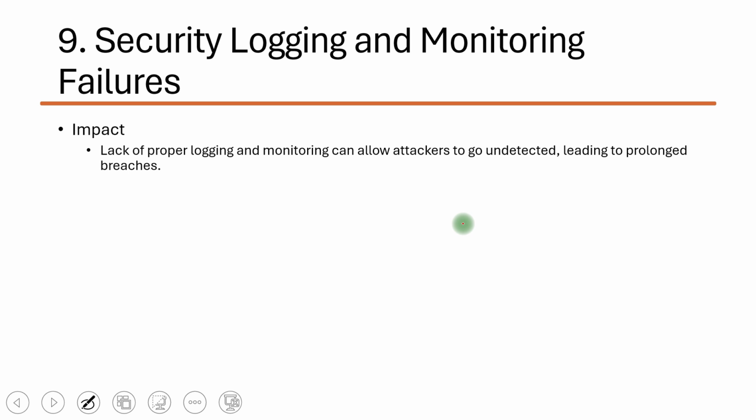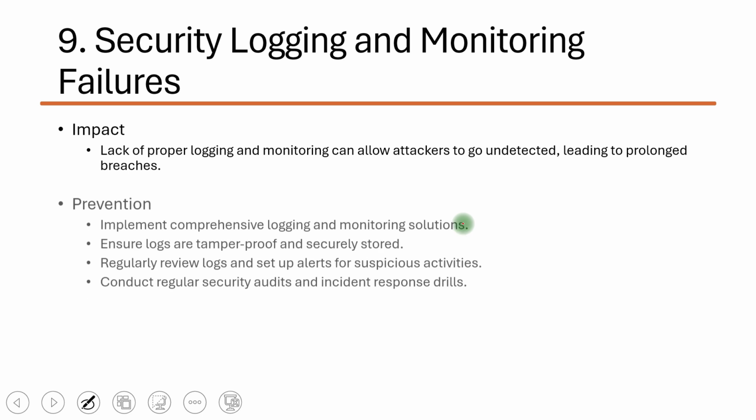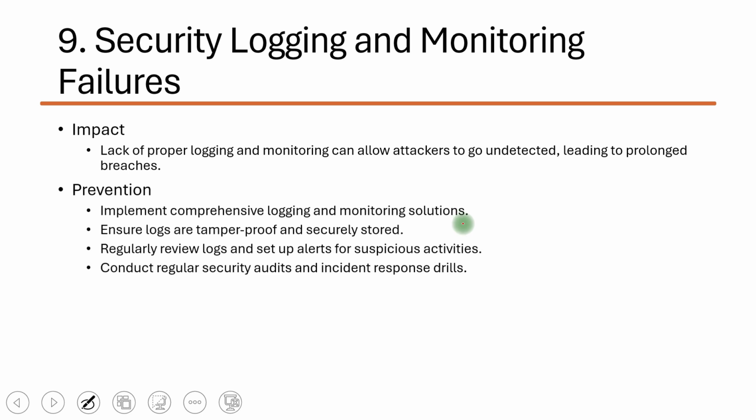That is how I should get alerts from the monitoring and logging. How do we prevent it? Implement comprehensive logging and monitoring solutions. Ensure logs are tamper-proof and securely stored. Regularly review logs and set up alerts for suspicious activities, and conduct regular security audits and incident response drills.